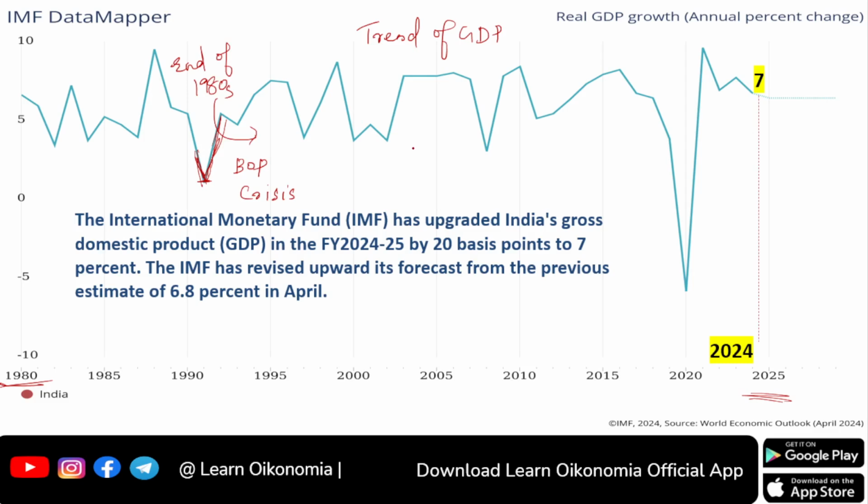But again, when you come to this period, the fluctuation and the dip was very, very deep. The downfall was something very remarkable. Why? This was related to the 2008 crisis. The 2008 financial crisis, if you remember, started in the US economy.